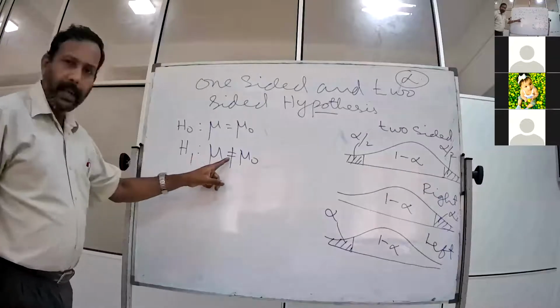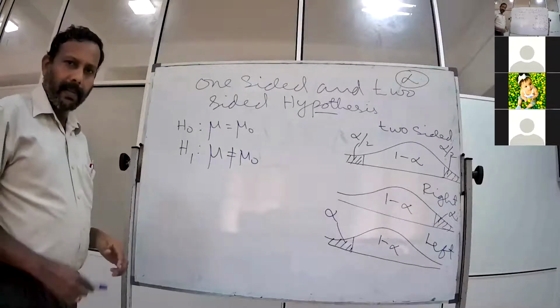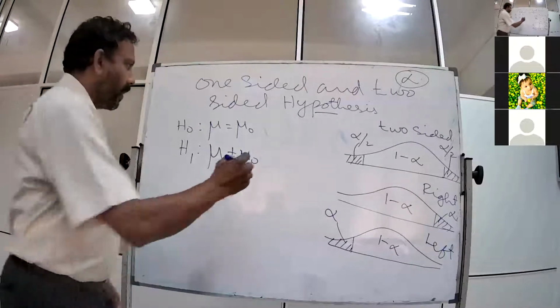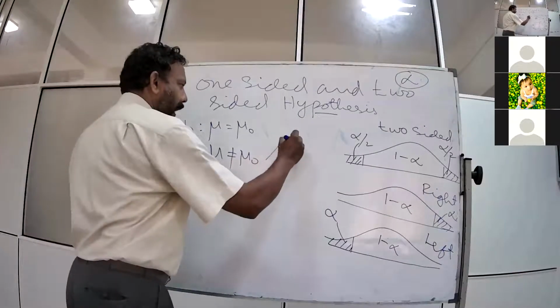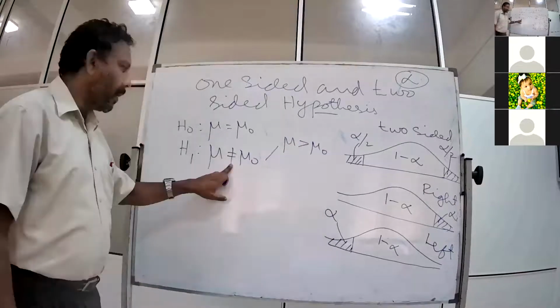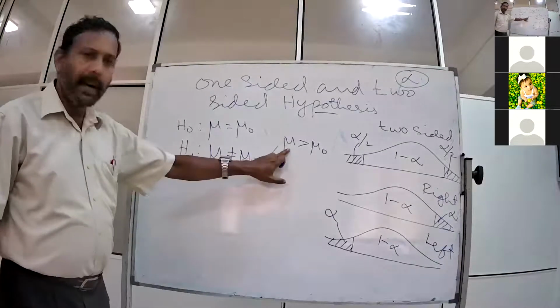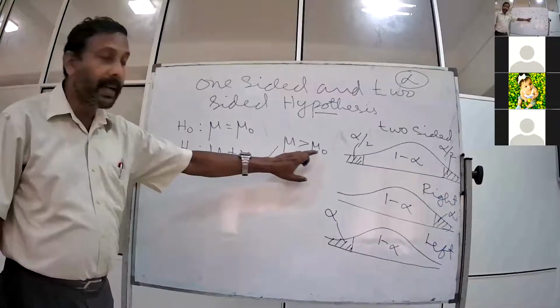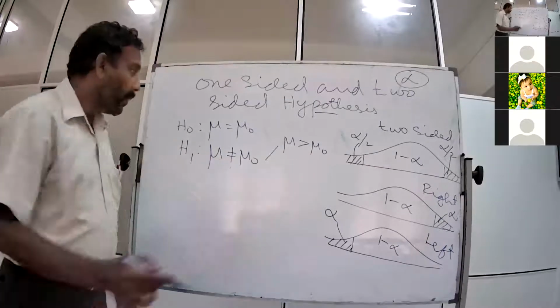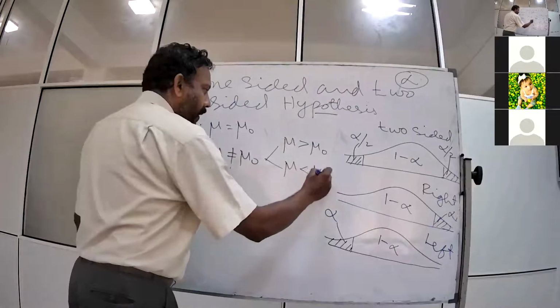If mu is not equal to mu naught, what are the possibilities? One possibility is mu can be greater than mu naught. If I accept my alternative hypothesis, one possibility is mu could be greater than mu naught. The other possibility is mu could be less than mu naught.